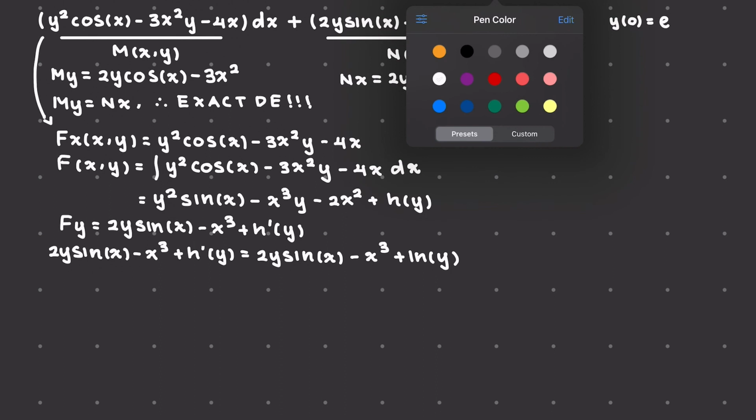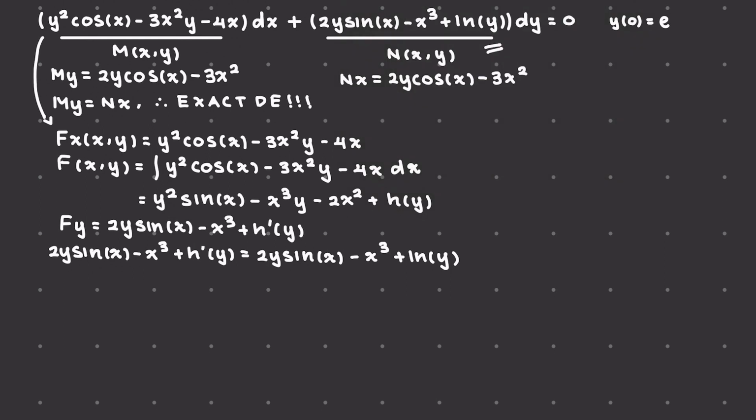And let's cross out all of the variables that we can cancel with each other, which are the 2y sine of x as well as the negative x cubed, and this leaves us with h'(y) equals ln y.